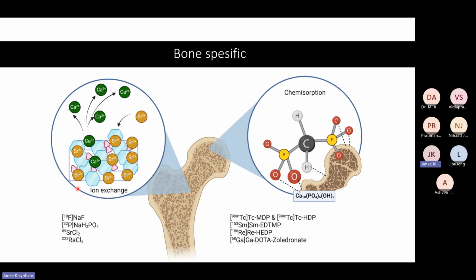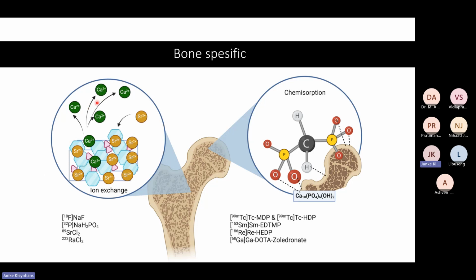Ion exchange is where a certain ion, mostly calcium, is exchanged out of the bone matrix for an ion that is in your radiopharmaceutical. There is, of course, also the hydroxyl group of hydroxyapatite that can be exchanged with the negative ion of fluorine. I didn't add it here, but the F minus and the OH minus can exchange into this matrix. So it's built literally into the bone and it stays there.